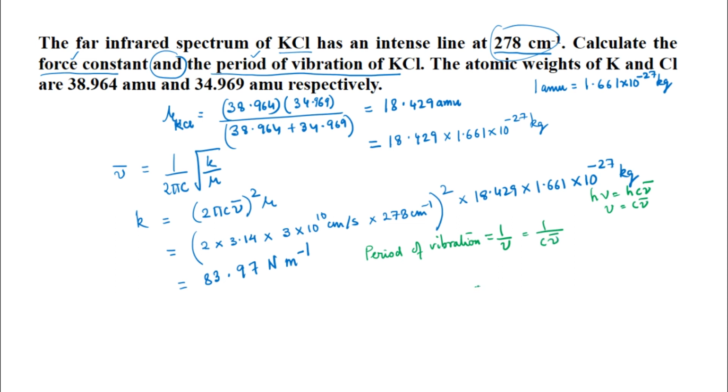So, that is 1 by 3 times 10 to the power 10 centimeter per second times 278 centimeter inverse. The final answer for the period of vibration is 1.20 times 10 to the power minus 13 second.